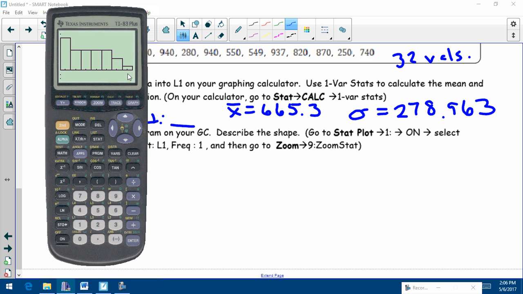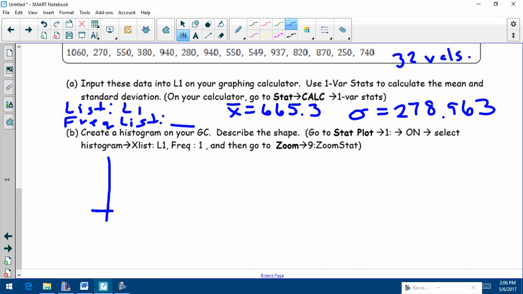So let's just make a basic sketch of what that looks like. I'm not even worried about the scale or anything like that. I just want to see basically what that calculator is showing us. Something like this. And what would we say about this graph? Is it skewed? Is it roughly symmetric? It's not exactly symmetric, but it's not really skewed either because there's not a lot of outliers.